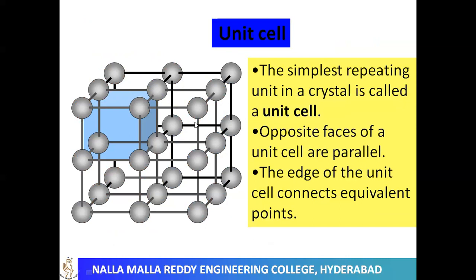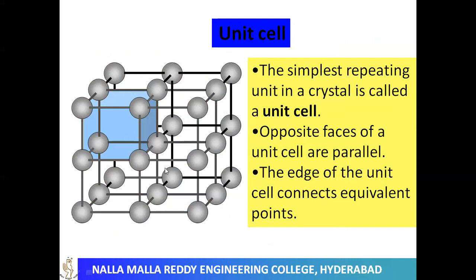This small group of lattice points is known as the unit cell. Thus, the unit cell is the smallest portion of a crystal lattice, which when repeated in different directions generates the entire lattice.